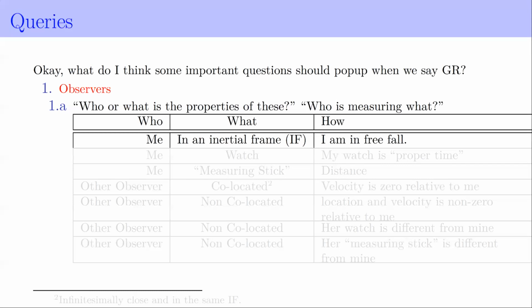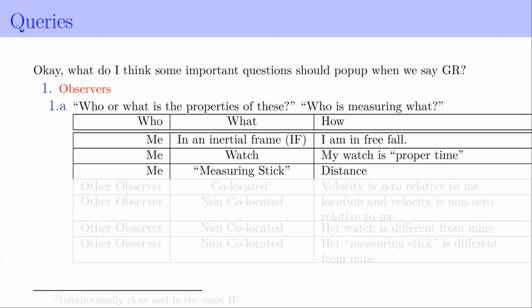So if I'm in an inertial frame, what does that mean? It means I'm in free fall. I'm falling. I'm not being pushed by a chair. I'm falling straight down. If I'm in an inertial frame, just as in special relativity, my watch is ticking off proper time.